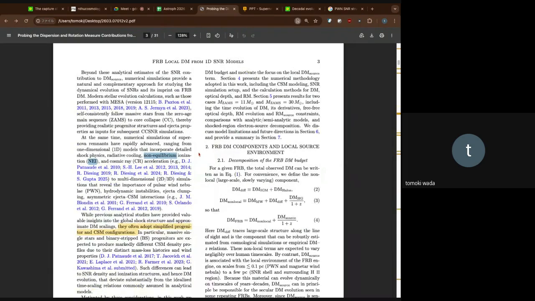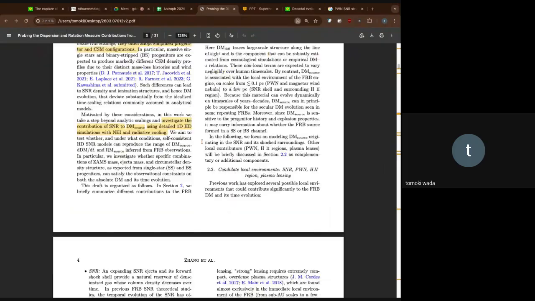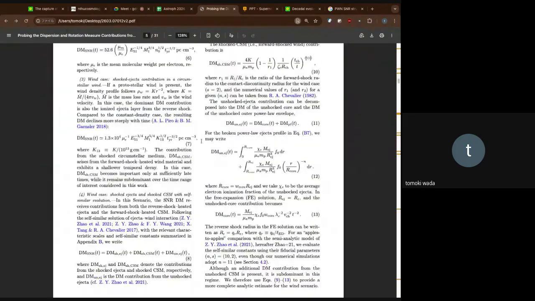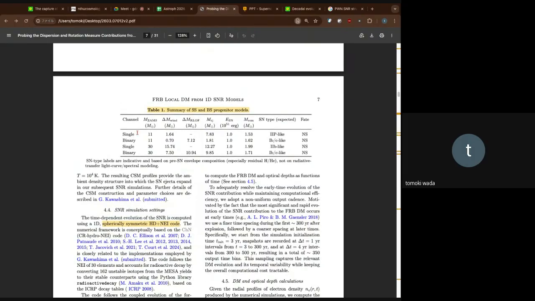This is one of the important points, and the other is that they did numerical simulation, not analytical. Very naively, they calculate four models: single star, binary, and different zero-age masses of progenitor stars.